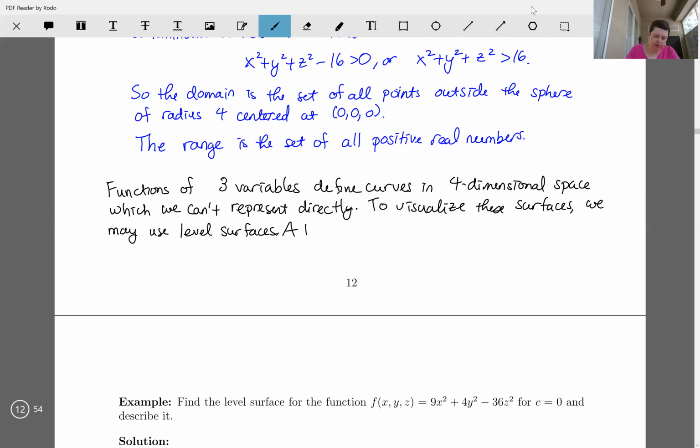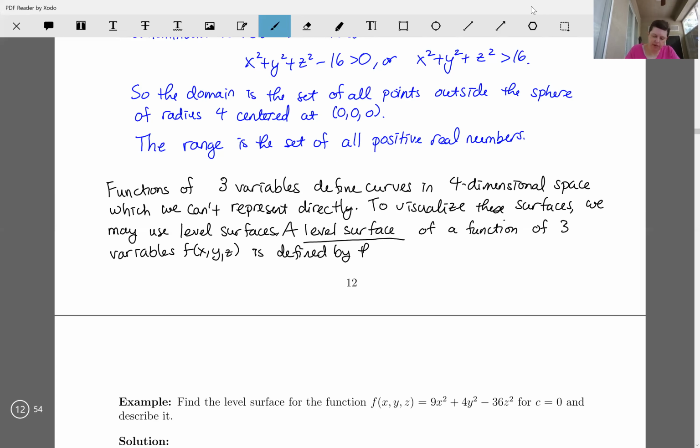A level surface of a function of 3 variables, let's call it f of x, y, z, is going to be defined by the equation f of x, y, z is equal to c, for c being any real number.